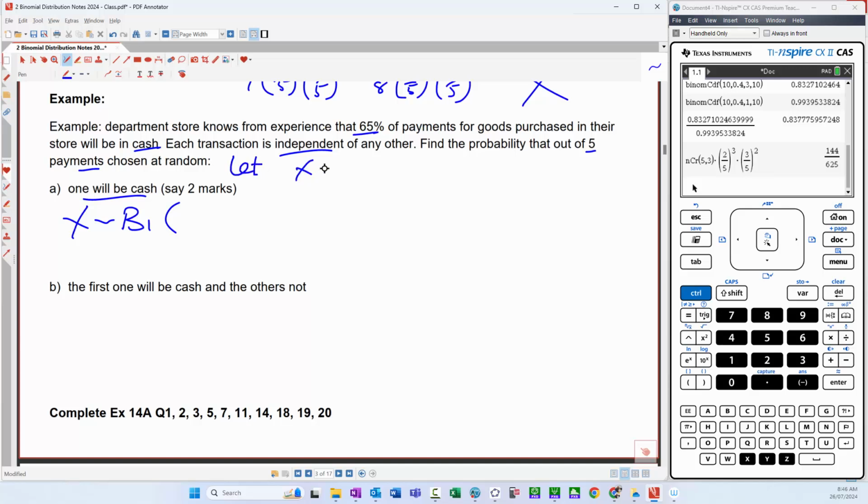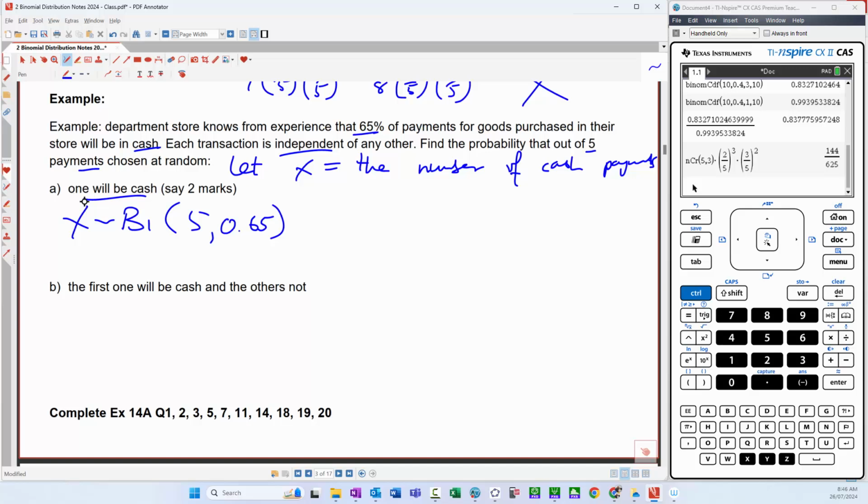With our random variable, let x equal the number of cash payments. Okay, so it's binomial. We're looking at 5 customers, and the chance of success being cash payment is 0.65.